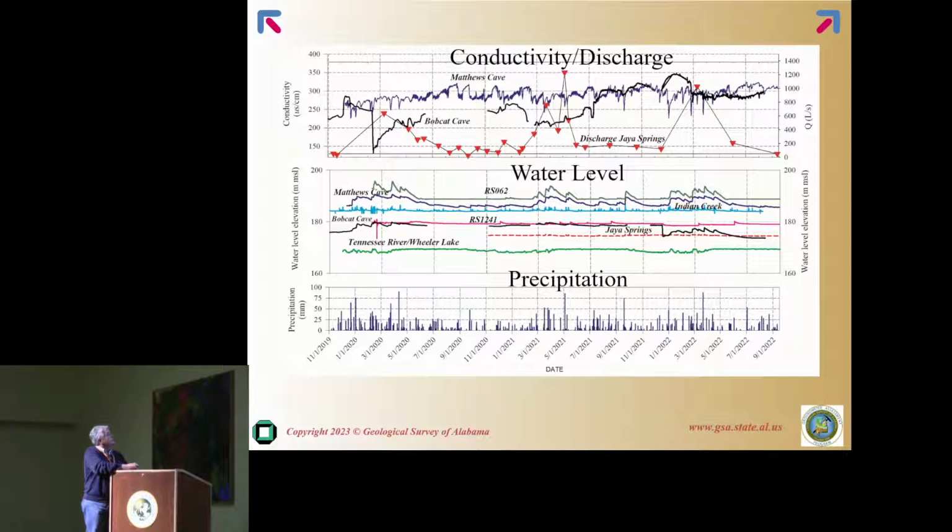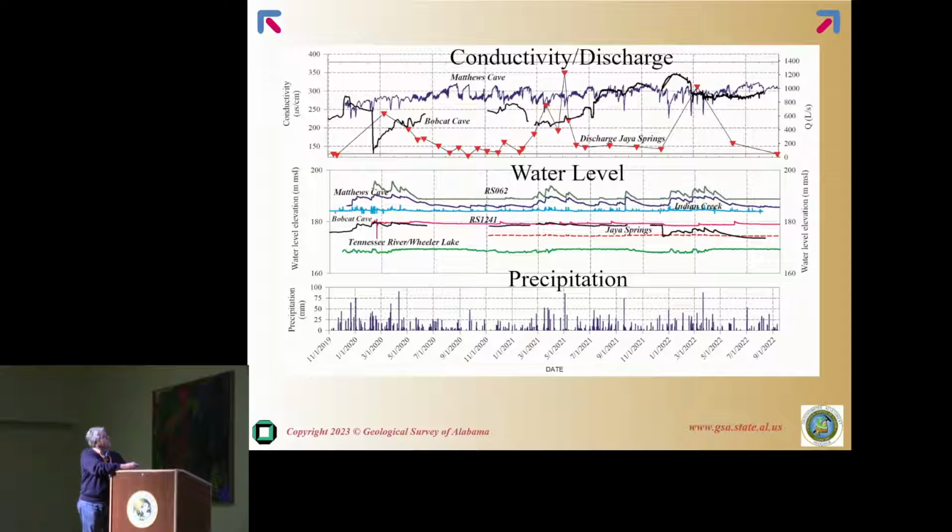And on the middle graph, that light blue graph is the water level of Indian Creek. The data we downloaded from the USGS website where they have a station there. Also, from the same station, we have the precipitation data. That USGS site is right across the interstate, at the end of the cave, basically.